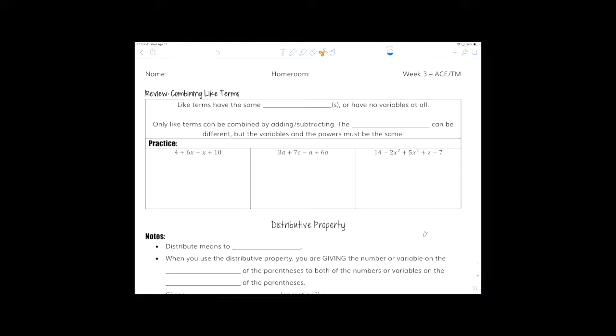Now, like terms have what? They have the same what? Variables, okay? Like terms have the same variables. Or they have no variables at all. So when they have no variables at all, they're just a number, like 2, 10, 3.